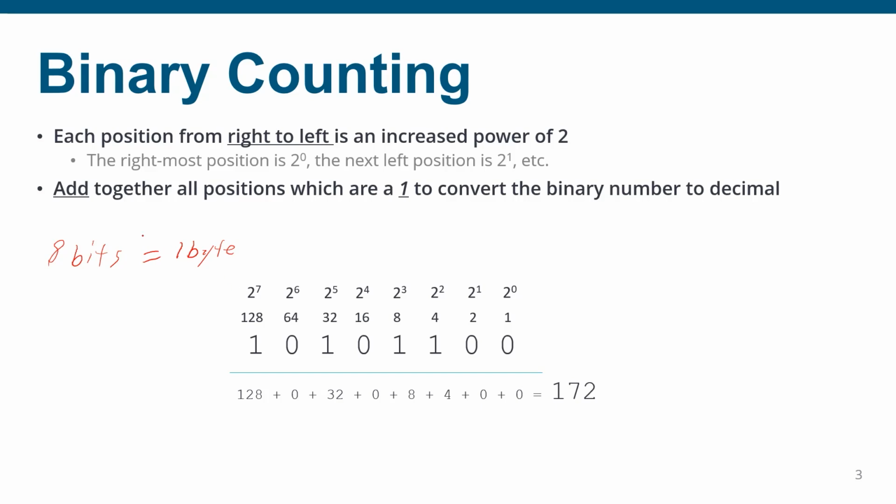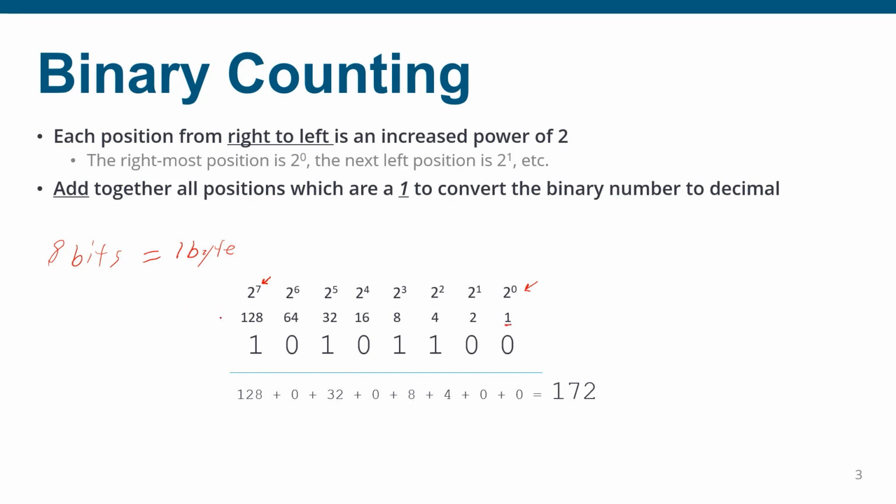The way we count in binary is that each position from right to left is an increased power of 2, starting with 2 to the power of 0 on the far right, and going to 2 to the power of 7 on the far left. It's okay if you haven't done exponents in math for quite some time. 2 to the 0 is the ones place.